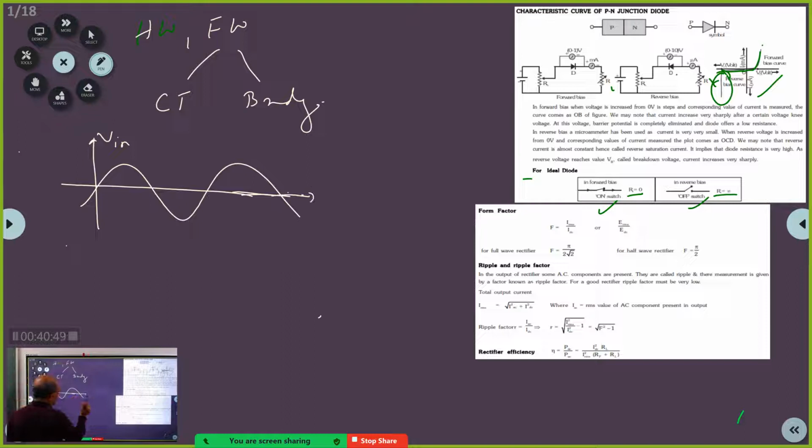What definition I have given is: consider a sinusoidal voltage waveform of zero average value. It is converted into another waveform whose average value is non-zero. Do you remember yesterday's definition?